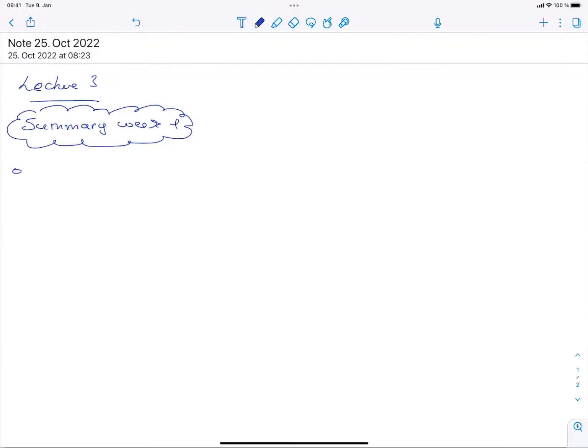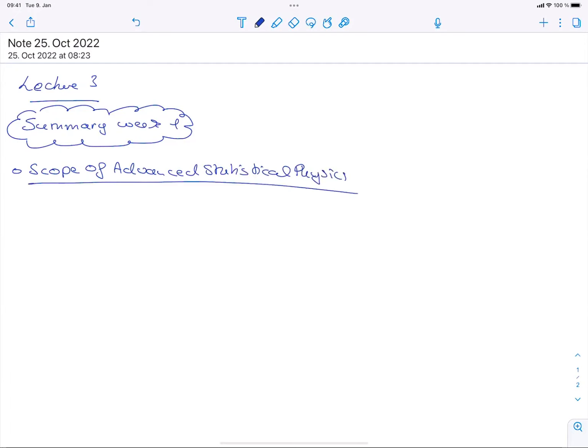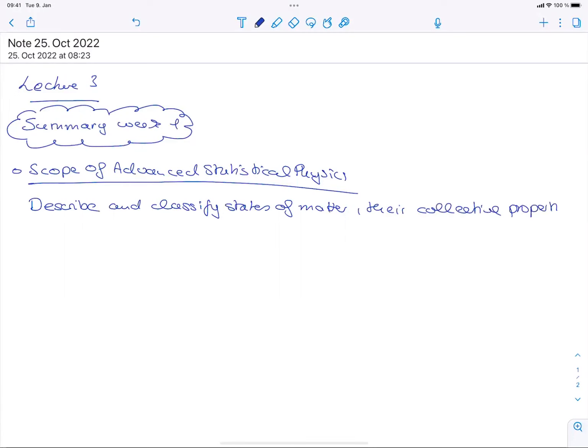So, summary of week 1. Our learning goals were to understand the scope of advanced statistical physics, and that is to describe and classify states of matter, their collective properties, and the mechanisms driving their phase transitions.